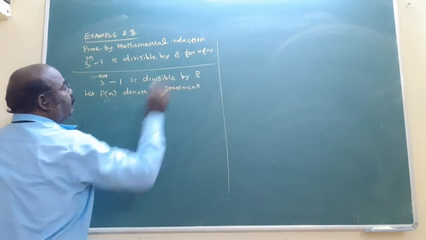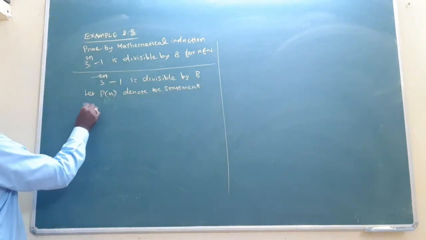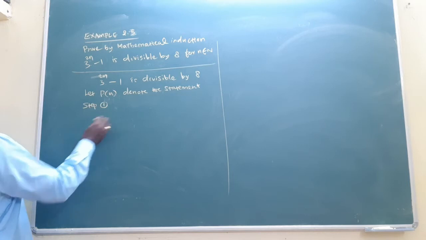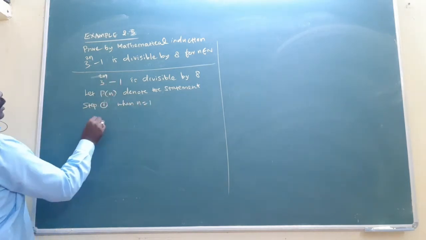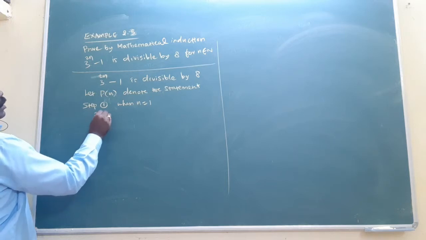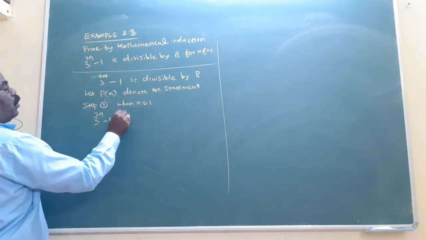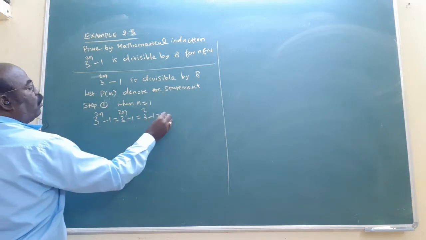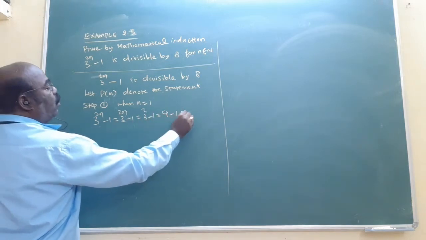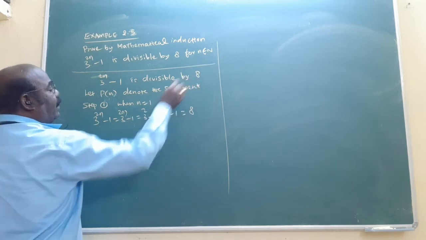Am I correct? Now step 1. What did I tell you? When n equals 1, substitute here. This is the question, no? It equals 3 power 2 into 1 minus 1, or 3 square minus 1, which equals 9 minus 1, which equals 8, which is divisible by 8.